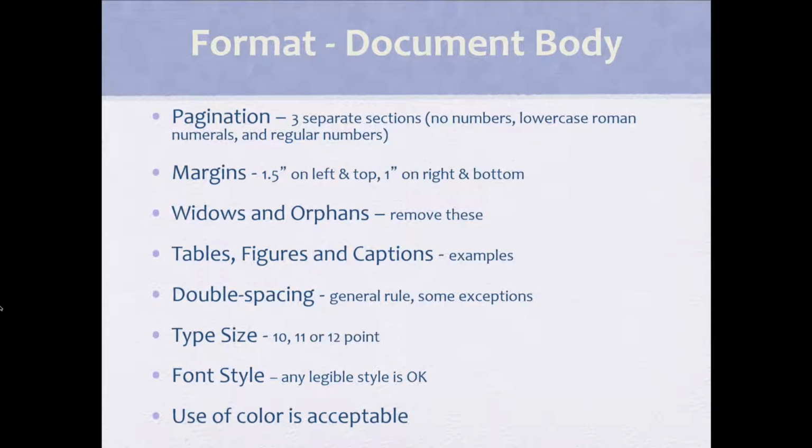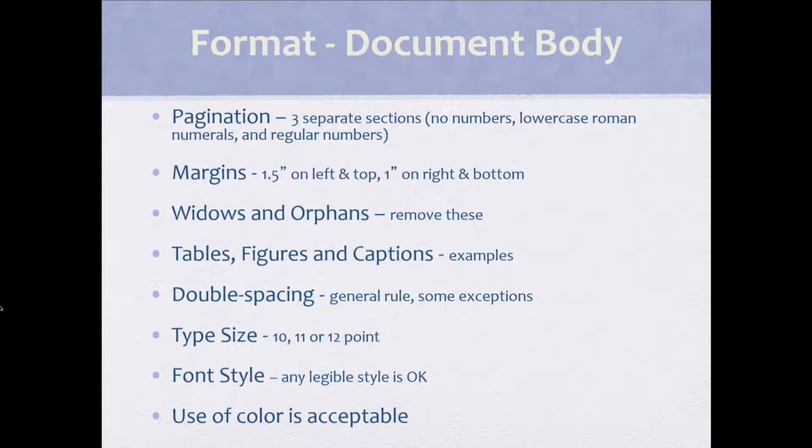So, for example, you have your title, copyright, and signature page, which are numbers 1, 2, and 3, but with no printed page numbers. Then usually would come your acknowledgements page, and that would begin with lowercase Roman numeral 4, so IV. The last section is the main body of your document, which will begin with regular numbers, so that will begin with page number 1.